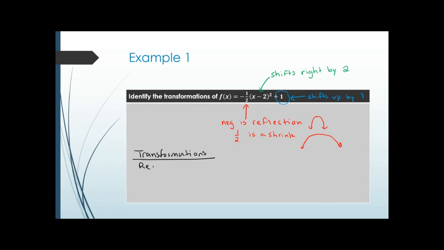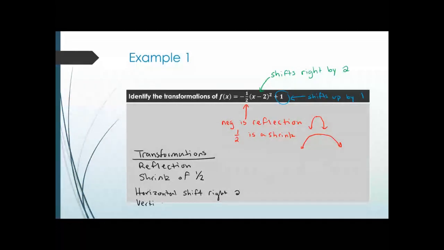We have a reflection, we have a shrink of 1/2, we have a horizontal shift right 2, and we have a vertical shift up 1.